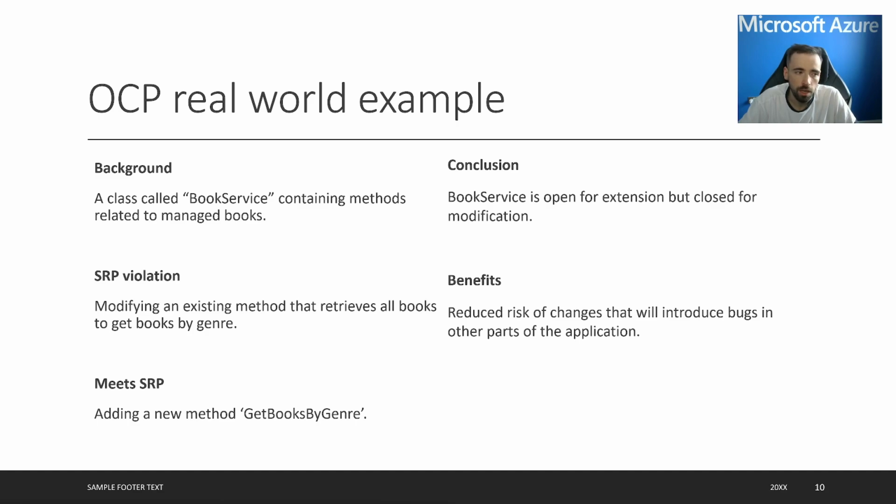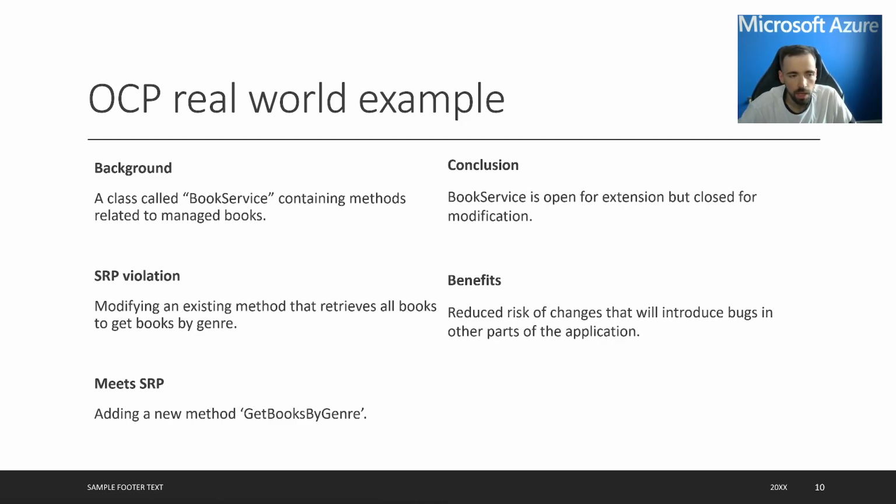What would instead meet OCP is adding a new method, GetBooksByGenre, which gives us that behavior we want. In conclusion, BookService is open for extension but closed for modification. So it's open by extension for adding that new method GetBooksByGenre, and we're not modifying any existing methods, which means it's closed for modification.